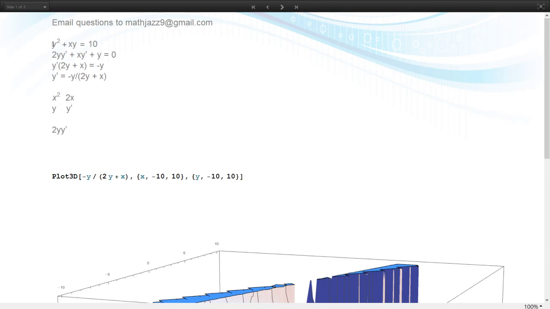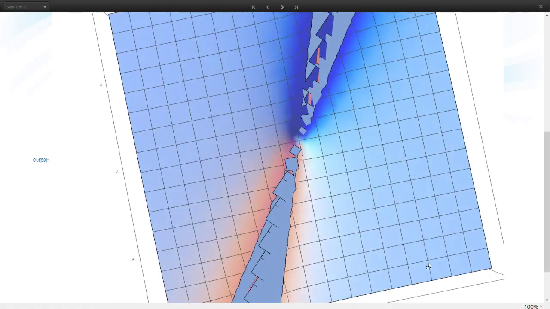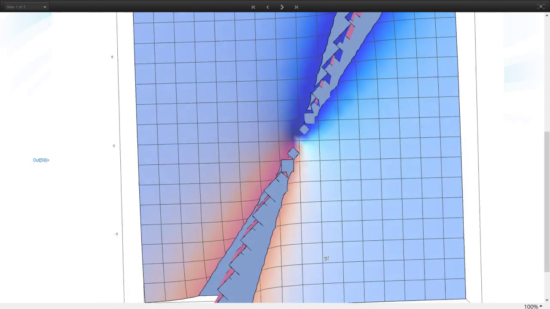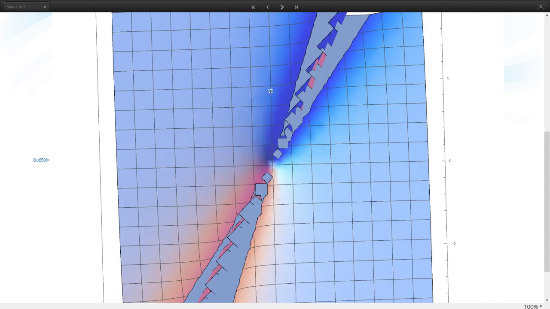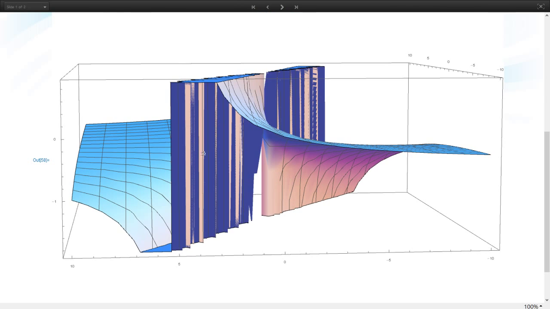But what happens is that when you look straight down on this graph, you have a y-axis running north and south, and an x-axis running east and west, and you plot your curve, and then you can take the heights on this 3D graph that correspond to points that lie on the curve.